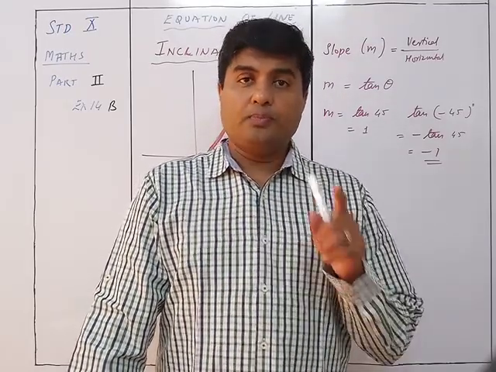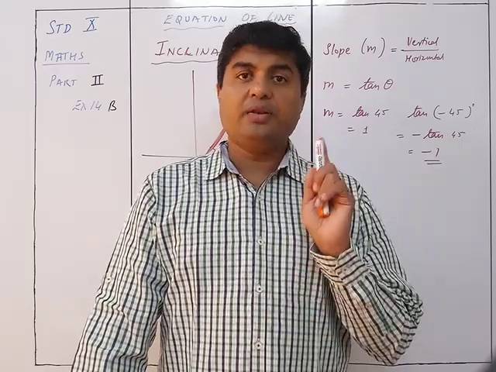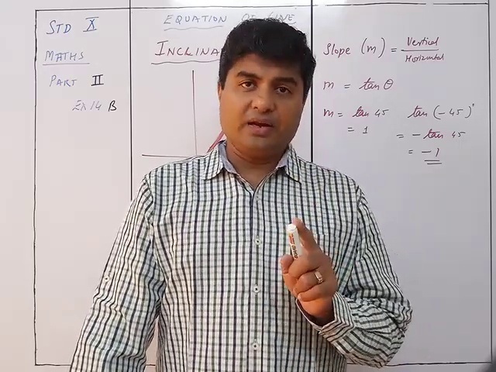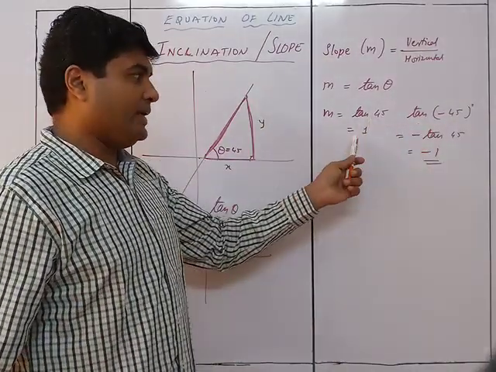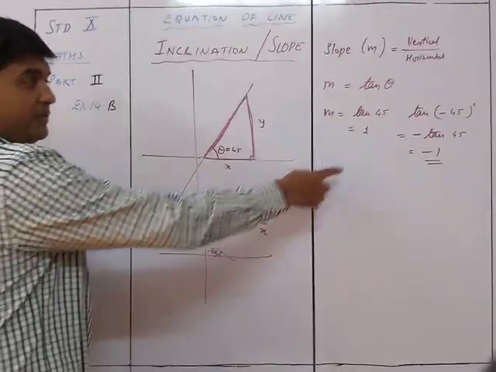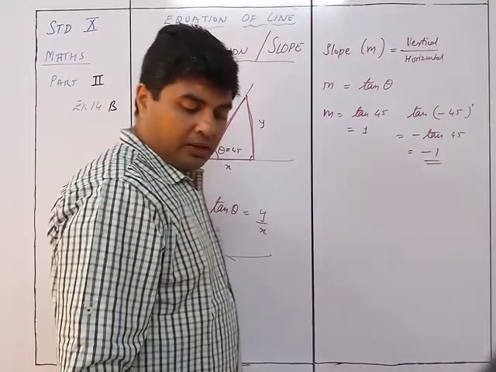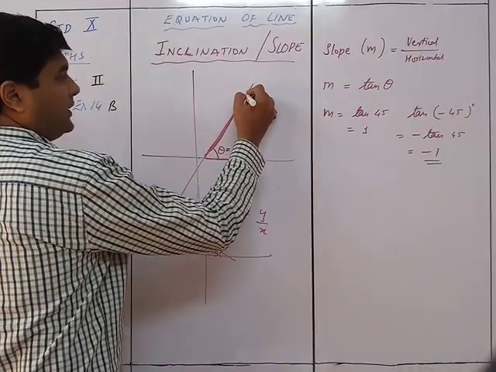So that is positive slope, positive inclination, negative slope, negative inclination, and vice versa. So tan 45 is 1, but tan 45 with the negative axis will be -1.